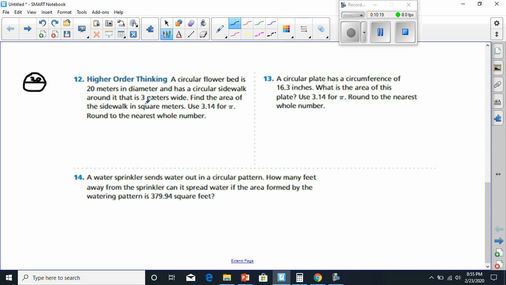Now it's saying that, let's just put that a little better. We'll just say the diameter from here to here is 20. And now we're saying that it has a circular sidewalk around it that is 3 meters wide. So that means there's a sidewalk that goes all the way around this.